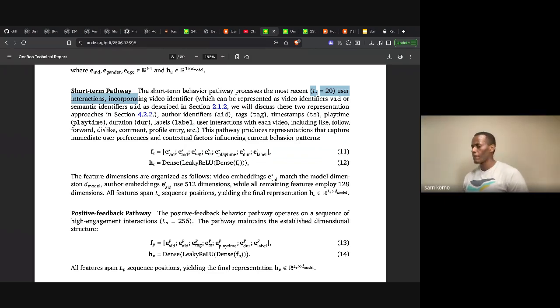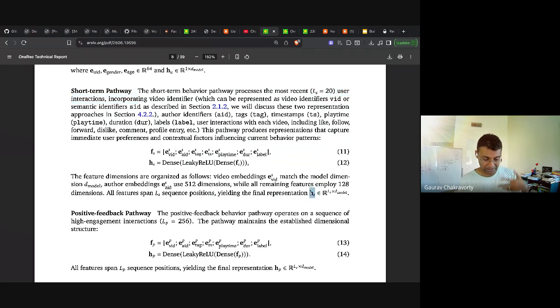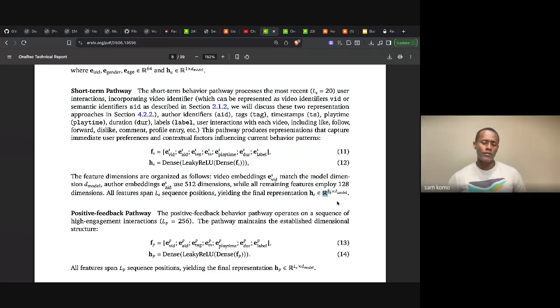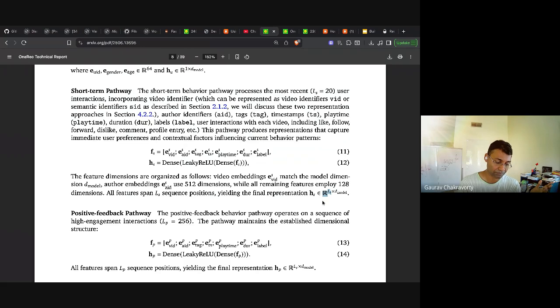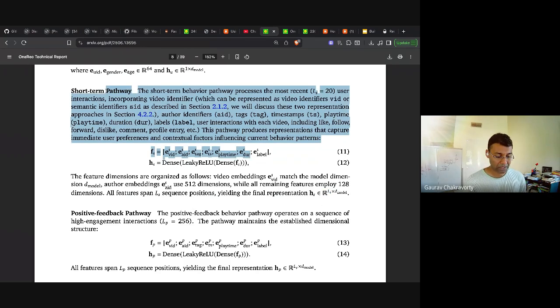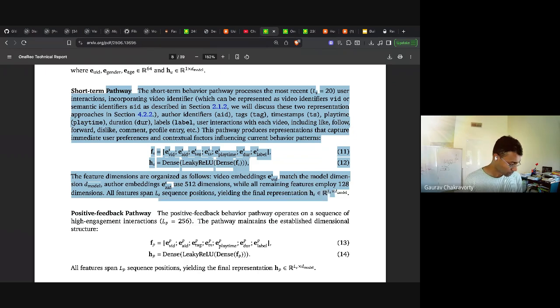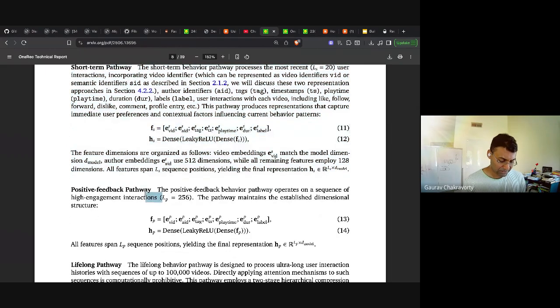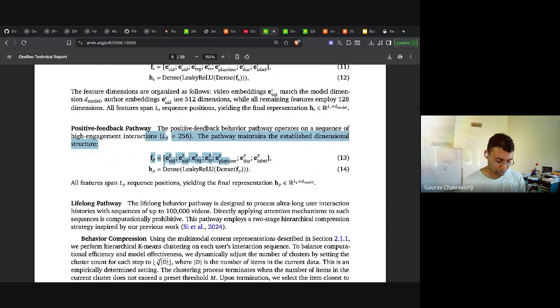The HS, the final representation, is also of the same length, and then the D model. So the short-term pathway is nothing but a sequential encoding of the last 20.